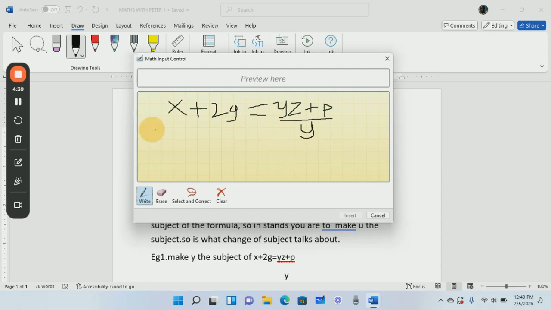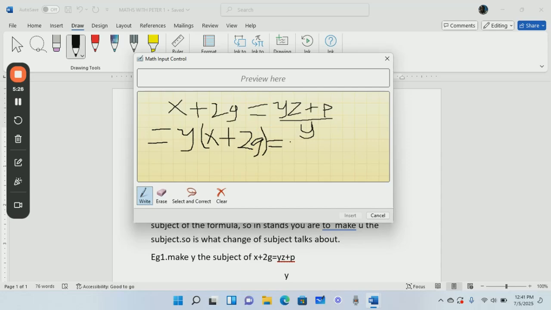So this equals y, bracket open, x plus 2g, bracket close, equals.